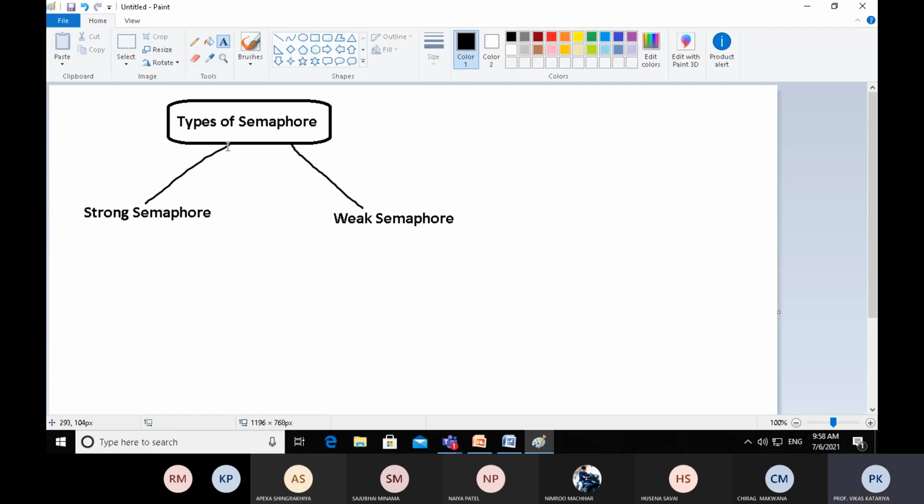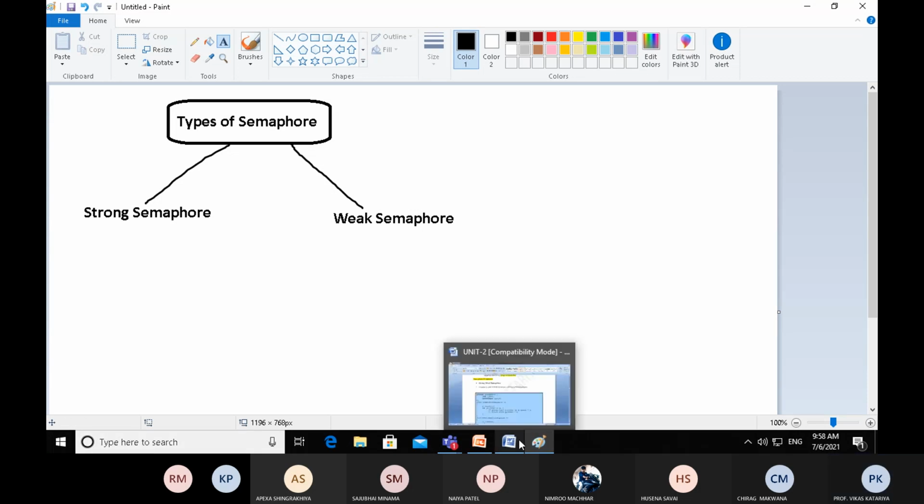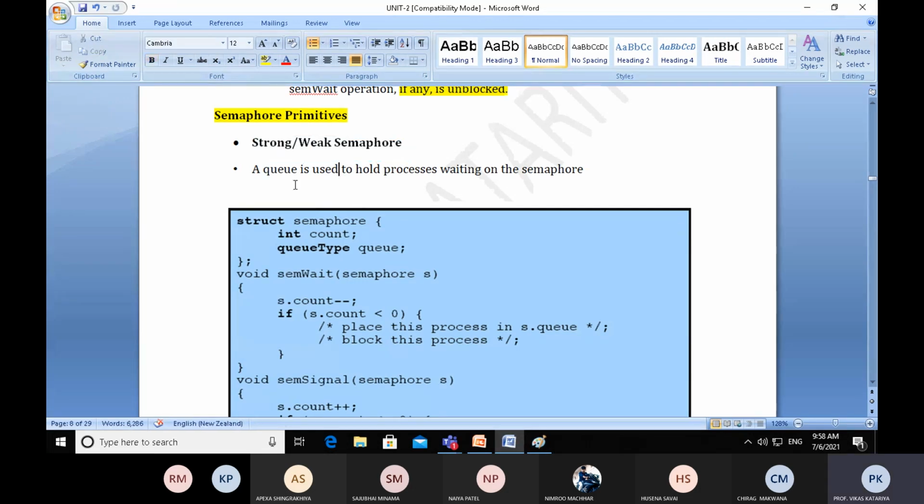It is also called a primitive of semaphore. There are two basic types of semaphore. Now let's understand. A queue is used to hold processes waiting on the semaphore. A queue data structure is used to hold the processes that are in waiting states.